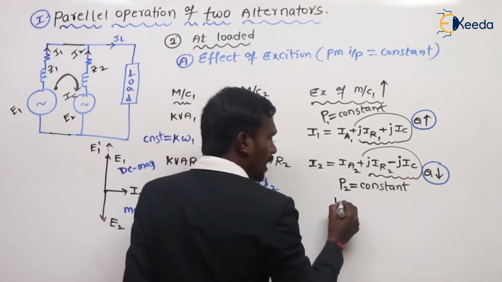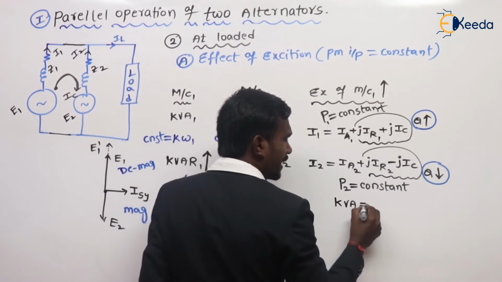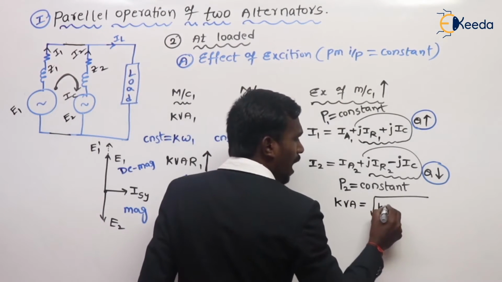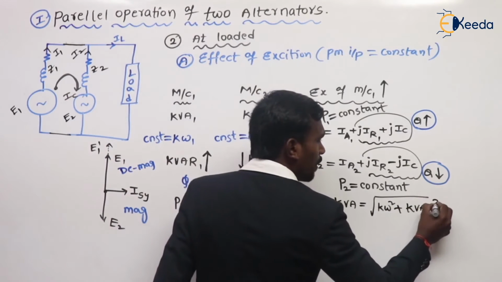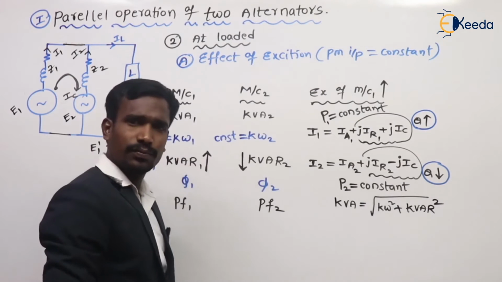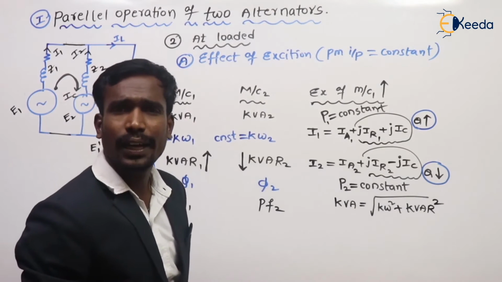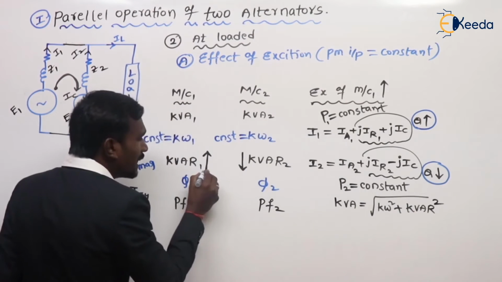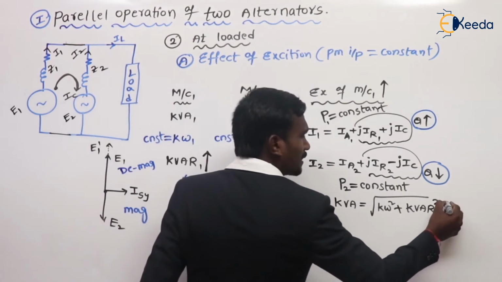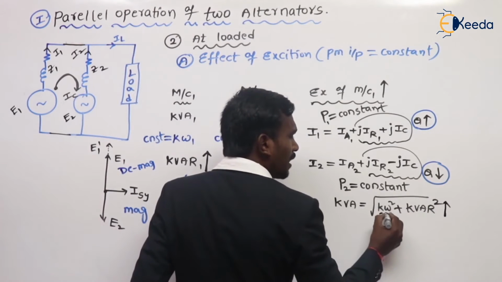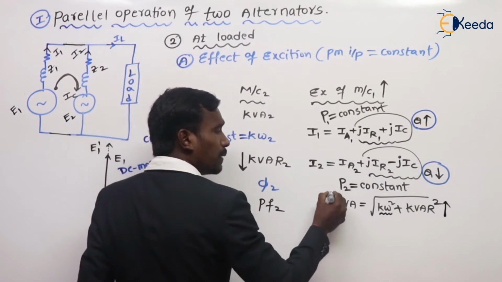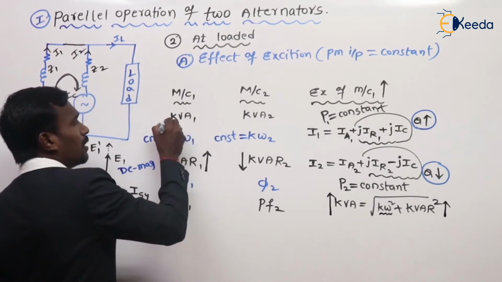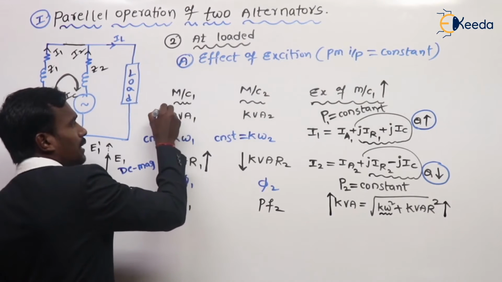We know the apparent power is equal to square root of active power square plus reactive power square. Are you okay? So, when the reactive power increases, by maintaining active power constant, what happened to apparent power? Apparent power also increases.